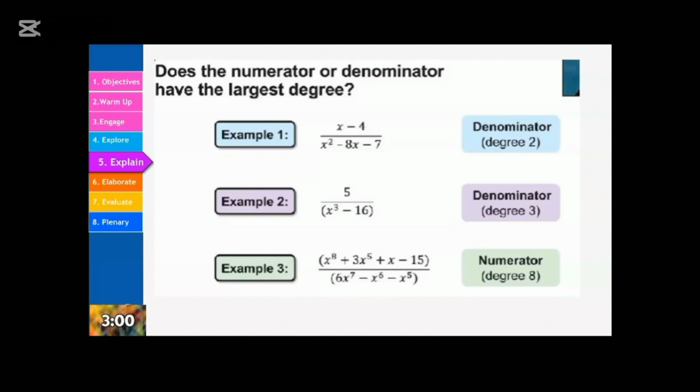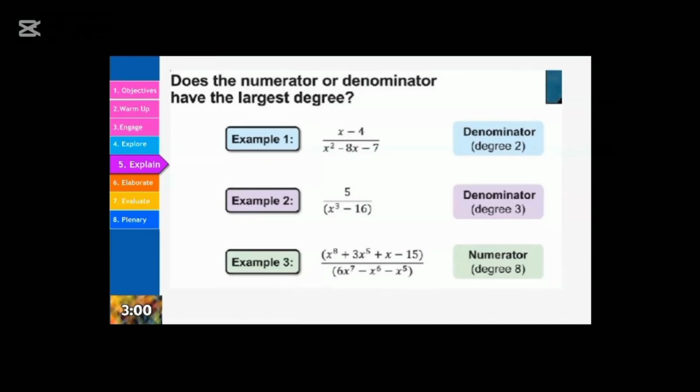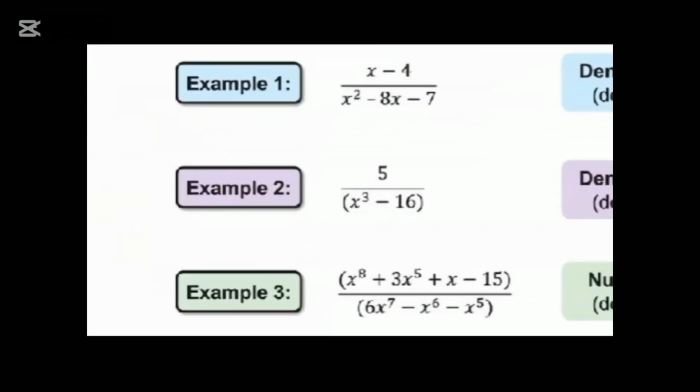Okay, now I think we finished this lesson, and now we will take examples about it. Does the numerator or the denominator have the largest degree? Which one is the largest degree, denominator or numerator? Numerator. Why?